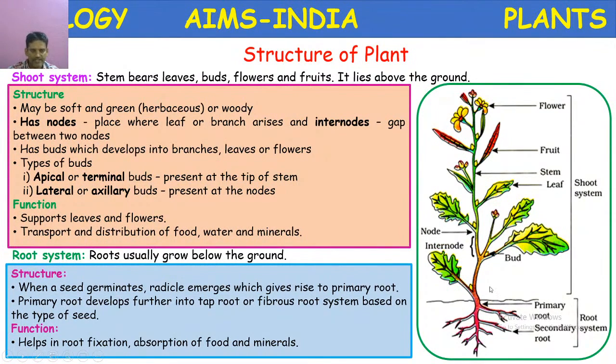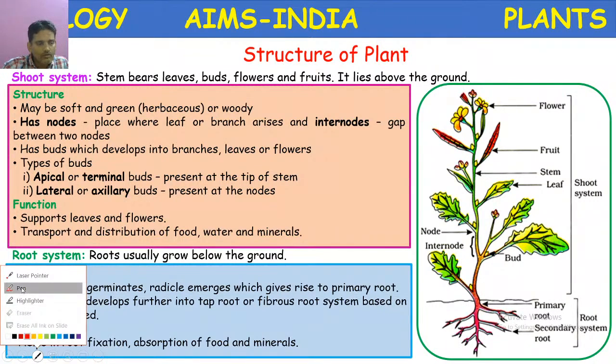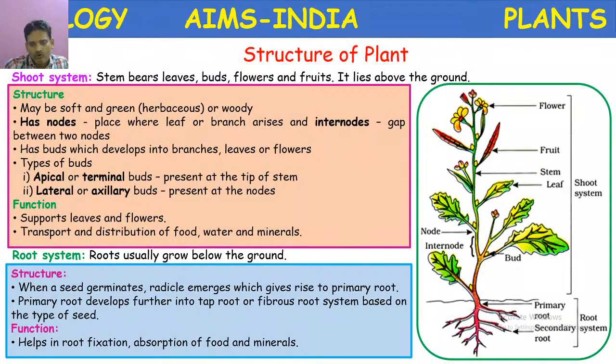When we sow a seed in the soil, that seed germinates to produce a small white structure called the radicle. That radicle grows into roots like this. In the end, we will see how the germination of seed takes place.